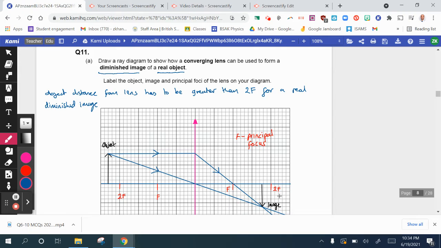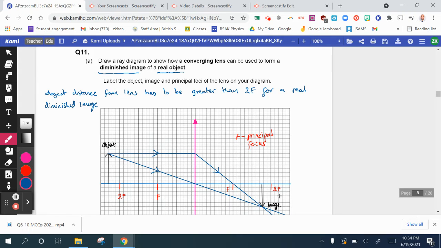Wherever you decide your focal length is on the ray diagram, your focal length multiplied by two. If your object is beyond that, the rays converge and produce an image which is much smaller in size than the object and is diminished.